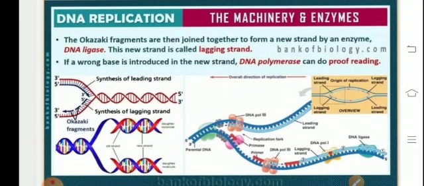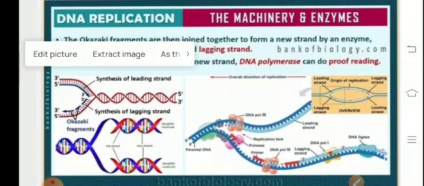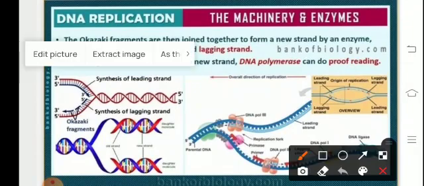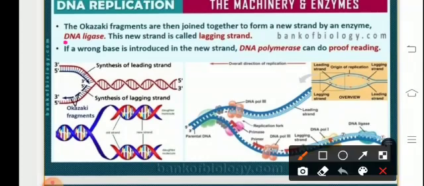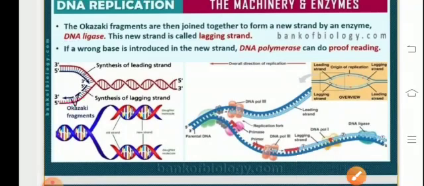If a wrong base is introduced, the DNA polymerase will also carry out proofreading. The lagging strands later are joined with the help of the enzyme DNA ligase, which carries out the sealing of the gap between the strands.